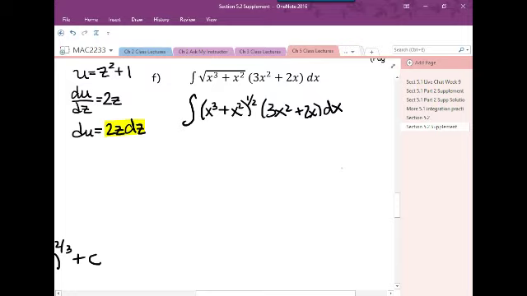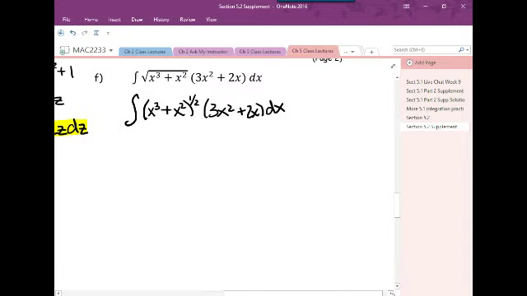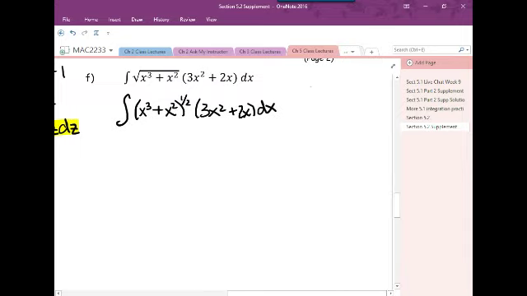Now, once again, we don't have a product rule or a chain rule for integration. So when we see that we have this product of a quantity to a power going on, let's go ahead and try letting u be the quantity raised to the power, which in this case is x cubed plus x squared. If that doesn't work, we can always try letting u be something else.